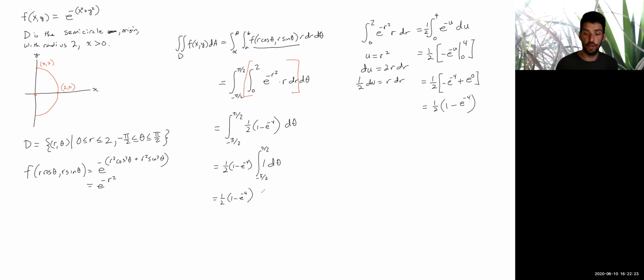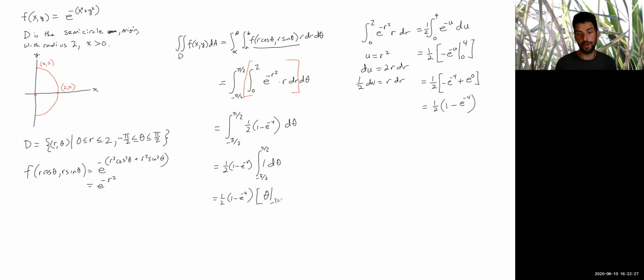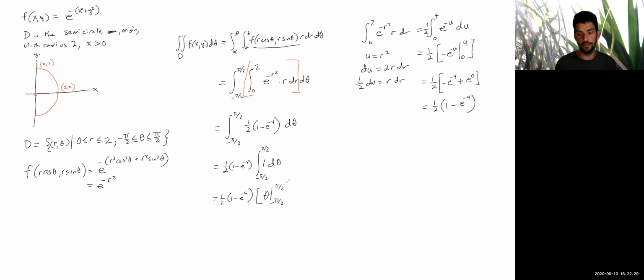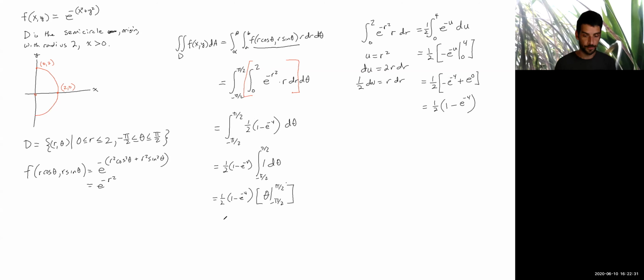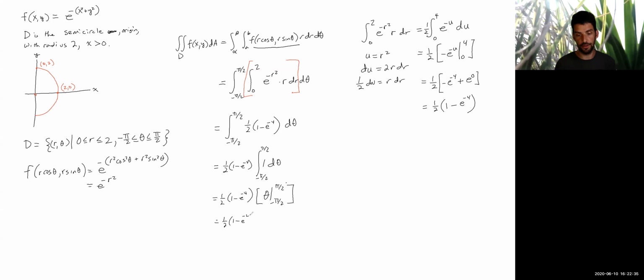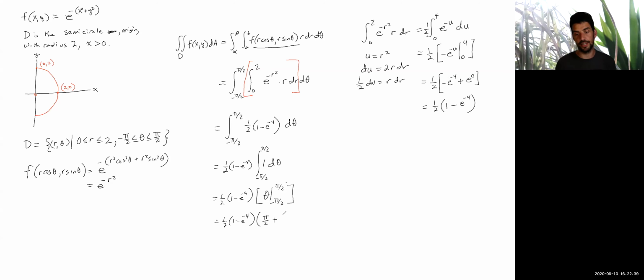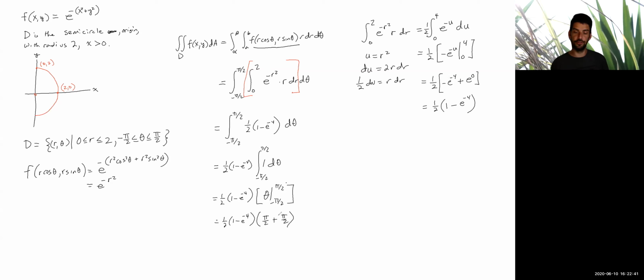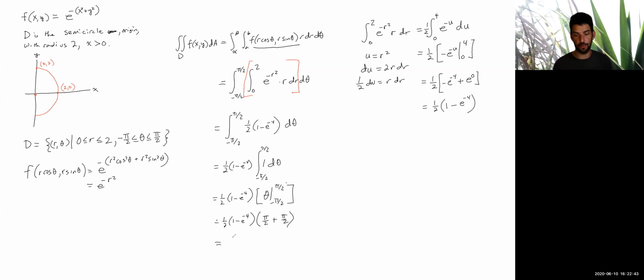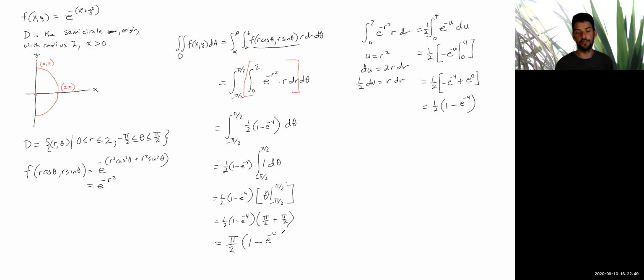The antiderivative of 1 is just theta evaluated from negative pi over 2 to pi over 2, which is going to be 1/2 times 1 minus e to the negative 4 times pi over 2 minus a negative pi over 2. So pi over 2 plus pi over 2 is pi, and then we have this 1/2. So it looks like we'll have pi over 2, 1 minus e to the negative 4th.